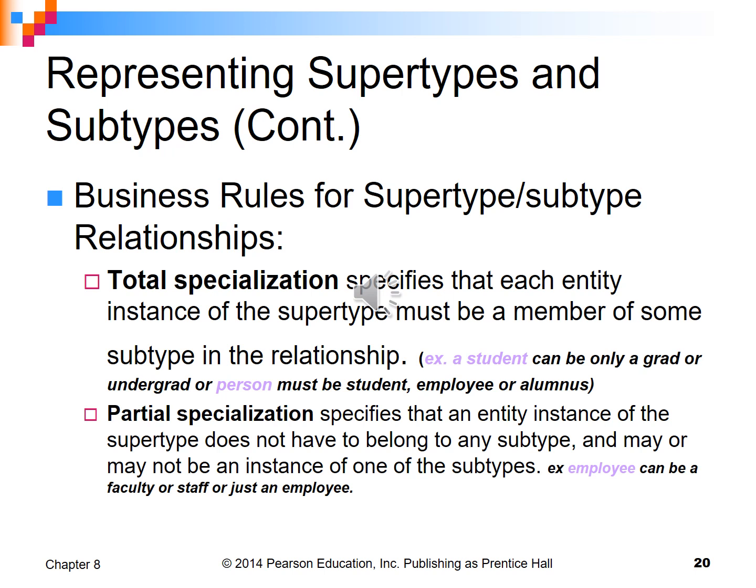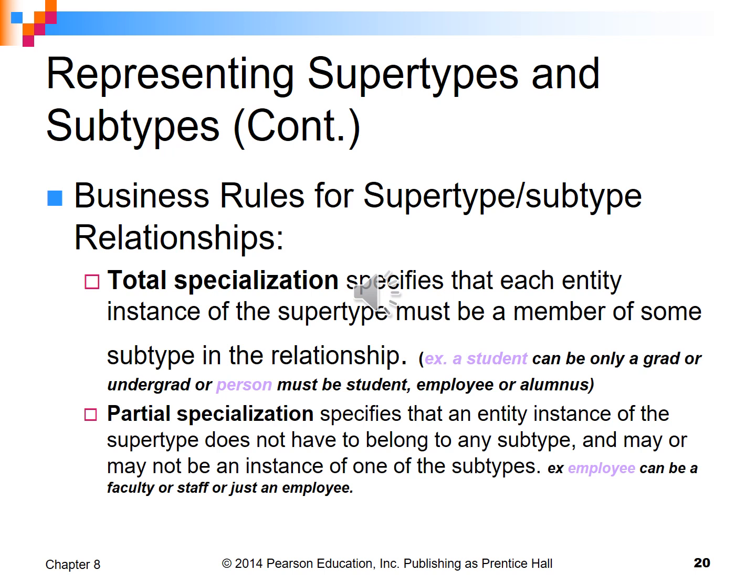In other words, total specialization specifies that each entity instance of the supertype must be a member of some subtype in the relation. Example: a student can be only either a graduate or undergraduate, cannot be both. Or a person must be a student, employee, or alumnus. A person in a university could be a student or employee or alumnus.